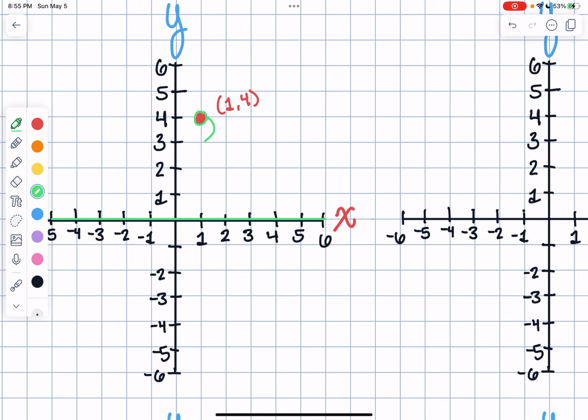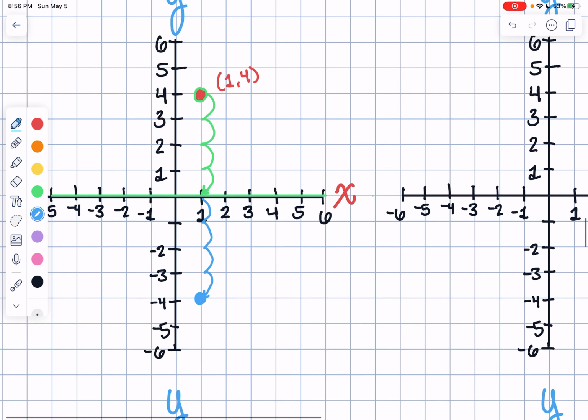This point is 1, 2, 3, 4 spaces away from my line. Okay. If I am 4 feet away from my mirror, my reflection is also 4 feet away from my mirror. Okay. So we take that 4 and go 1, 2, 3, 4 spaces to the other side. Here is the reflection of my point 1,4, okay?